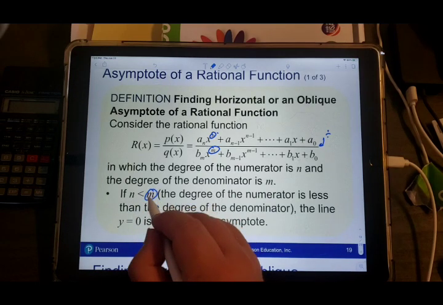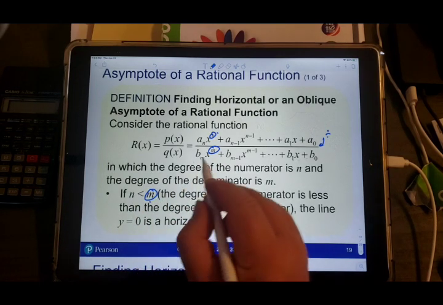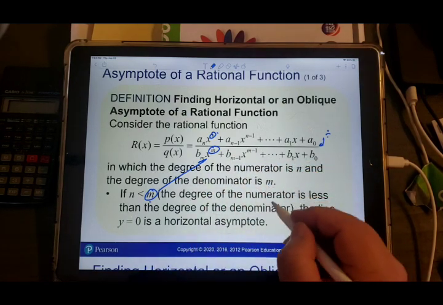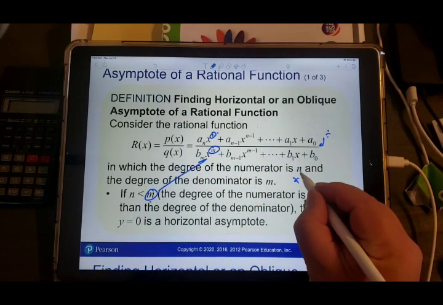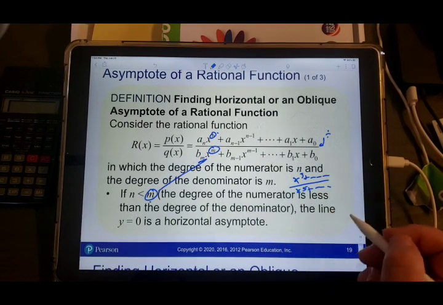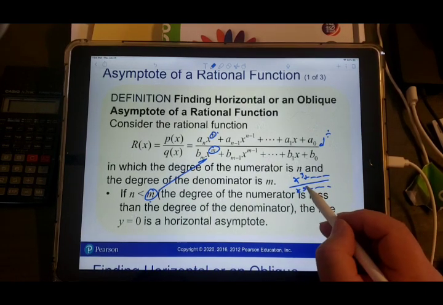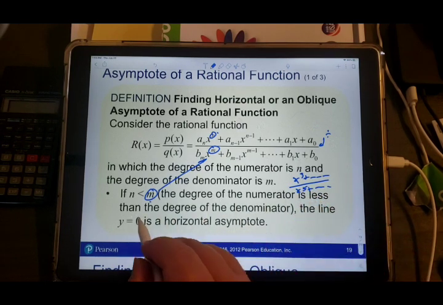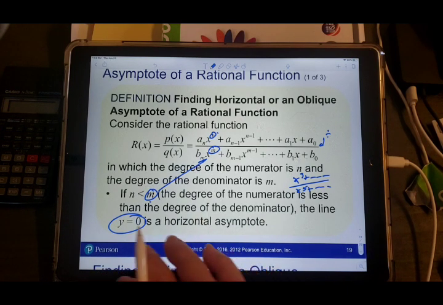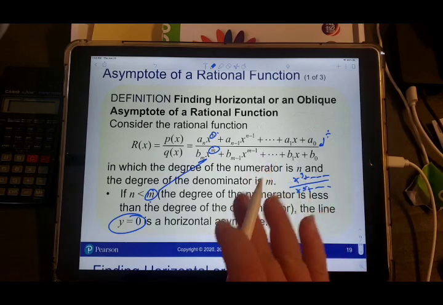And if the degree of the denominator is the big one, if the denominator is somehow bigger, what am I talking about? x cubed over x to the 5th. You probably won't have numbers this big, but if the denominator has the bigger degree, y equals 0, the x-axis, is the horizontal asymptote. So that's case 1.